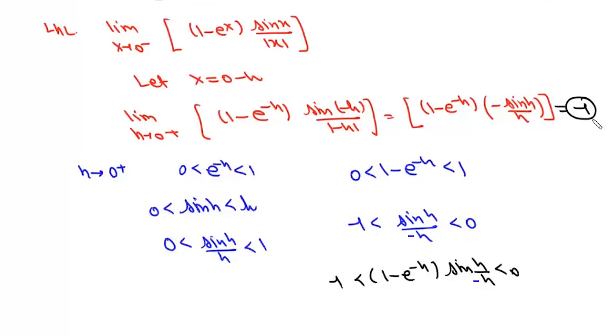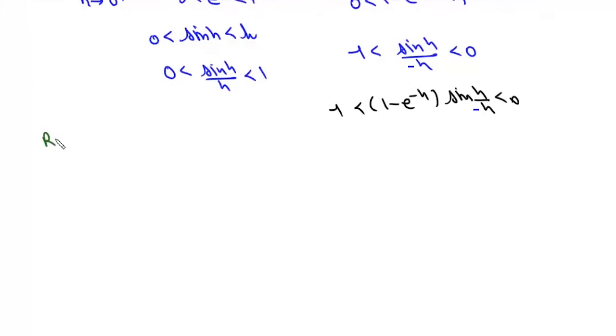Now we'll come to its right hand limit. For its right hand limit, we'll write limit h tends to 0 positive, and then it will be greatest integer function of 1 minus e to the power h, and here it will be sin h upon h. Now in this case, e to the power h will be greater than 1.